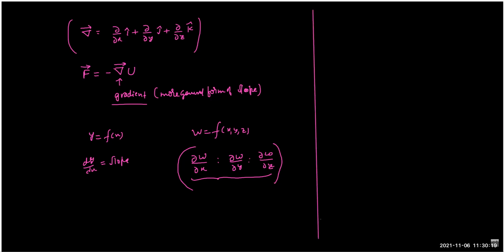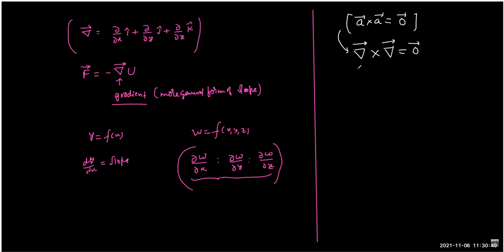So now, taking a clue from the vector chapter, we know that the cross product of the same thing, what do we get? A null vector, right? So similarly, if I say del is some sort of vector notation, then del cross del is also null. So now we can conclude from this, and therefore we get something interesting.